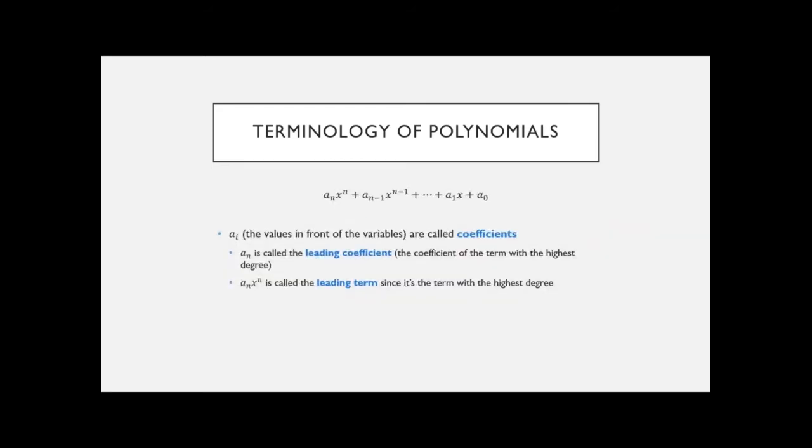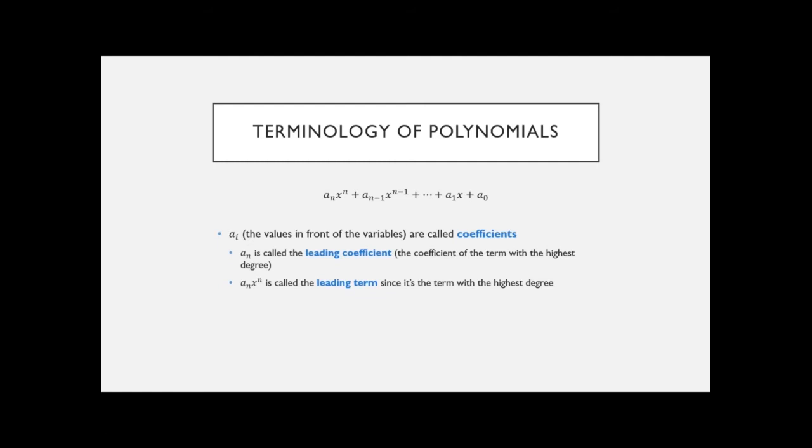Now, coefficients. The values in front of the variables, the a's that we have in our general mathy form, are called coefficients. So the numbers that are in front of each variable are called coefficients. Unfortunately, I do not know how this word breaks down. I know some of the other terms.